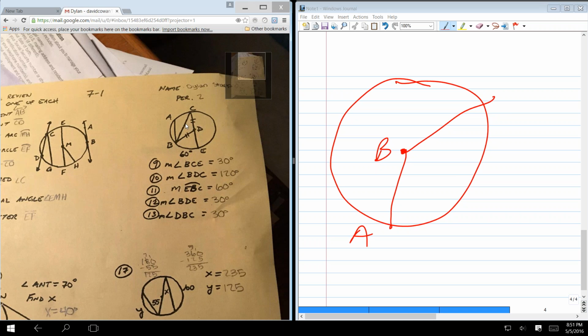Correct. In other words, isosceles doesn't just mean the sides are equal, it means their opposite angles are equal. And we just figured out that that was 30, so that has to be 30, which makes that 120 because the three angles have to total 180.